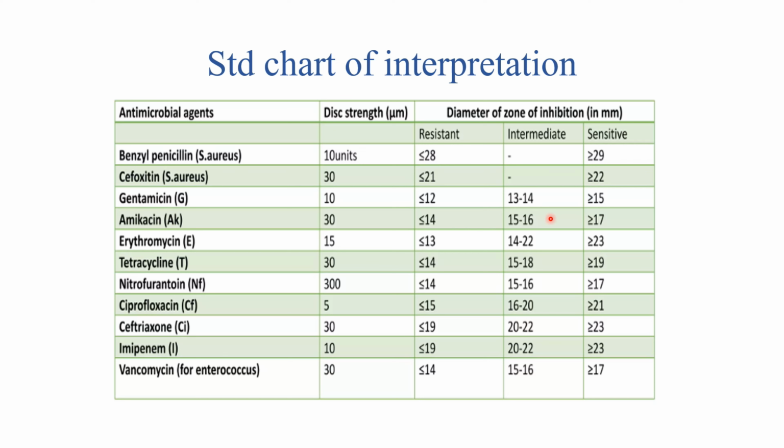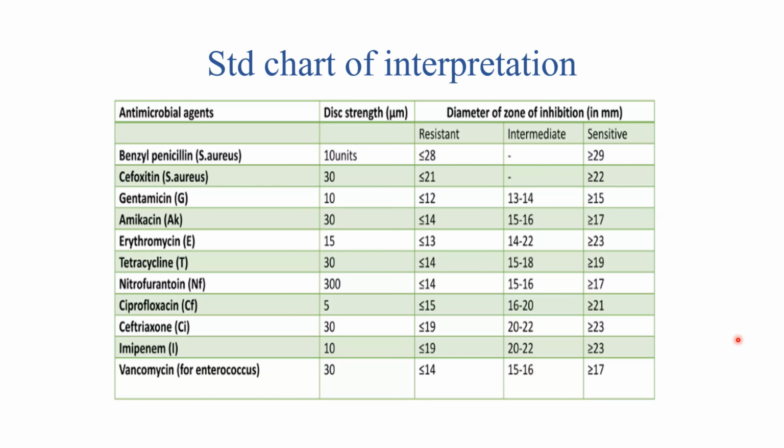And if we get a zone measurement between 15 and 16, we will call that particular organism intermediate to amikacin. If you get a zone diameter greater than 17, we will conclude that the particular organism is sensitive to amikacin.